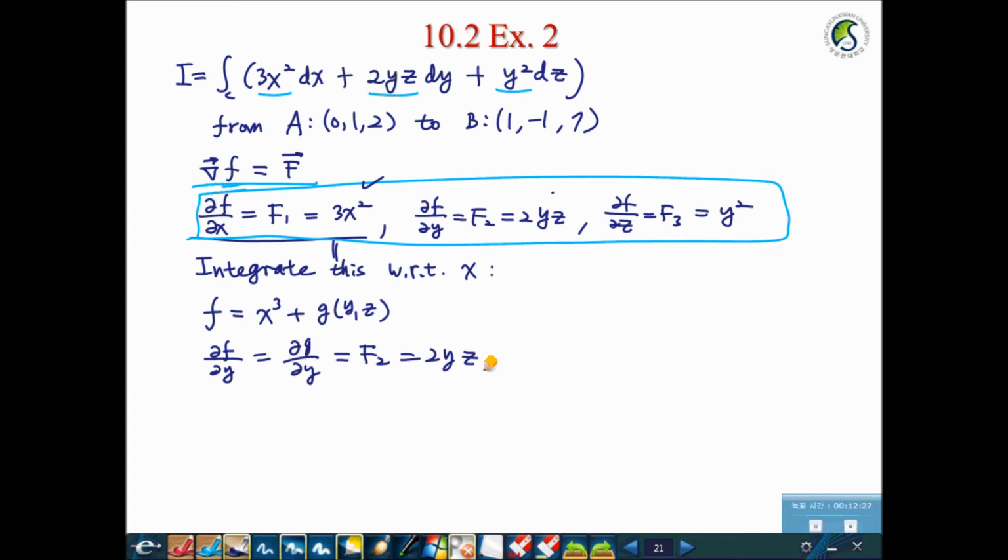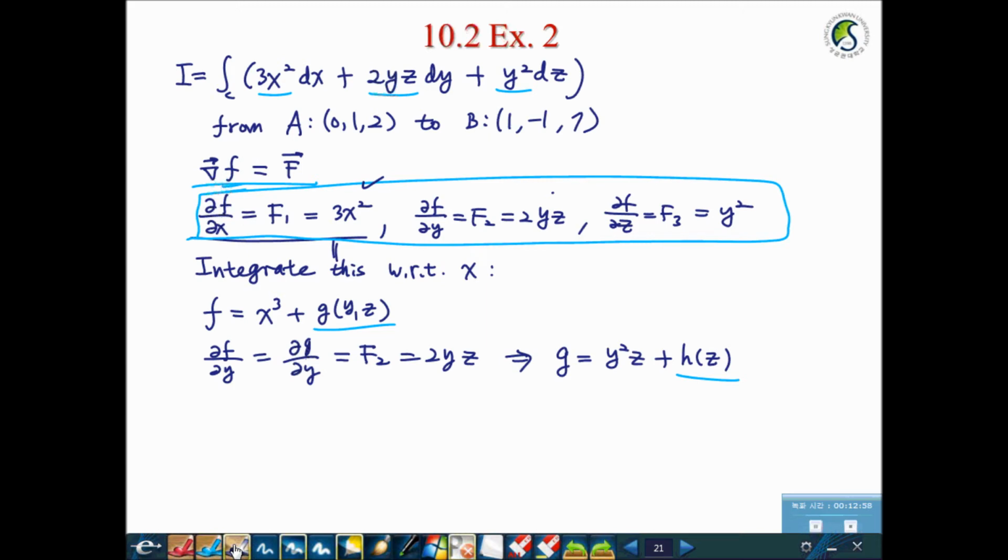We have to integrate this again, so g is y squared z plus h of z. We are introducing a new function whenever we do the integration, because it's partial differentiation and partial integration.